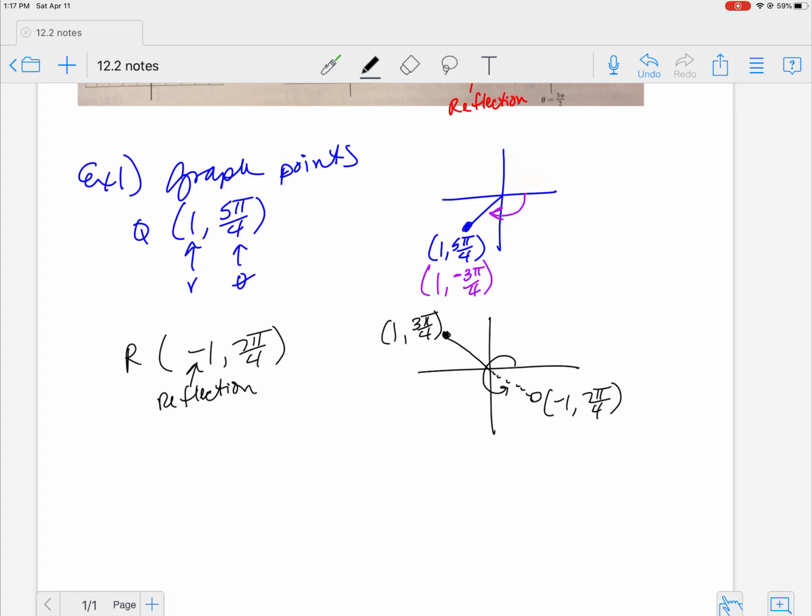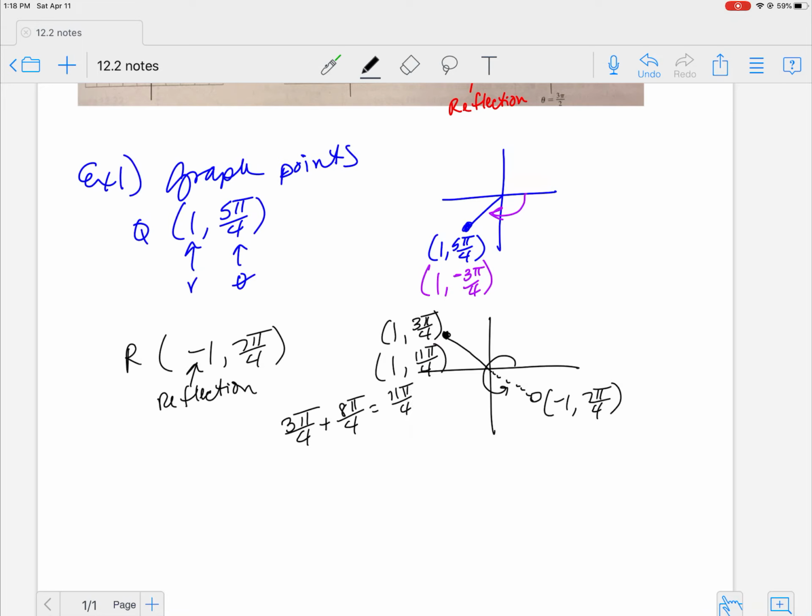Well, what's another angle measurement that I can go for there? Yeah, and so another thing is you could add that 2 pi to it, right? To get that coterminal. So I've got 1, and then if you have your 3 pi over 4 plus 2 pi, which is 8 pi over 4, that's going to give you that 11 pi over 4.